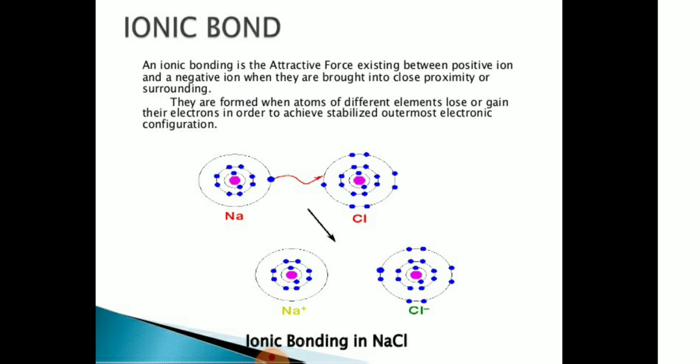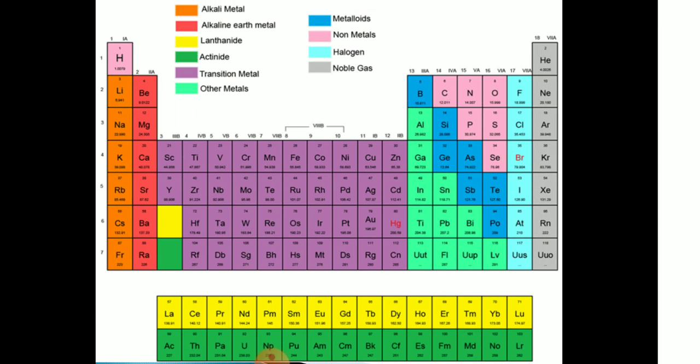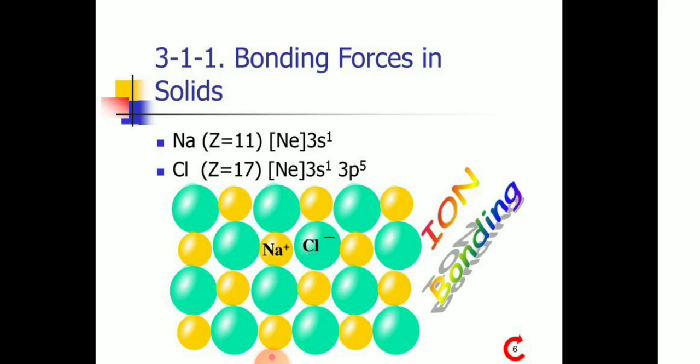See, ionic bonding is the attractive force existing between a positive ion and a negative ion when they are brought into close proximity. If you refer to the diagram, it is clearly mentioned over here.